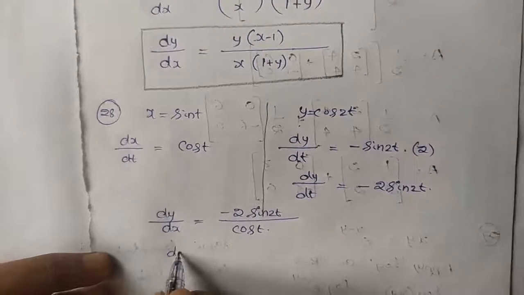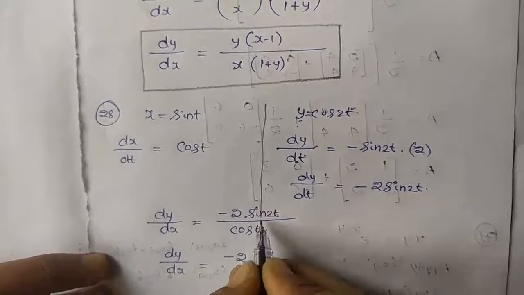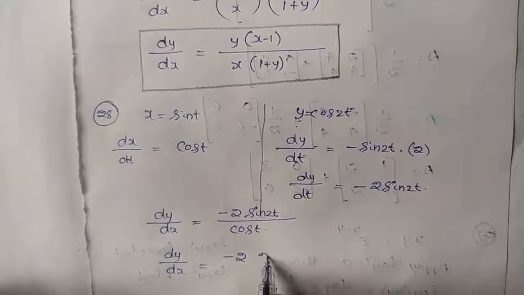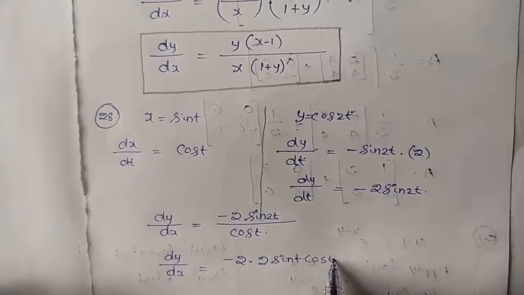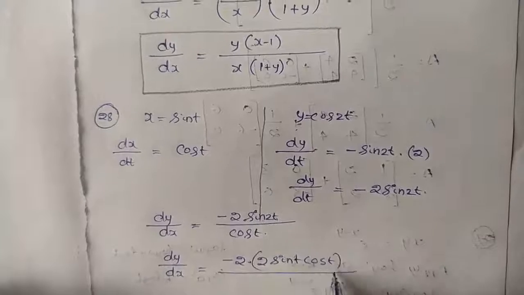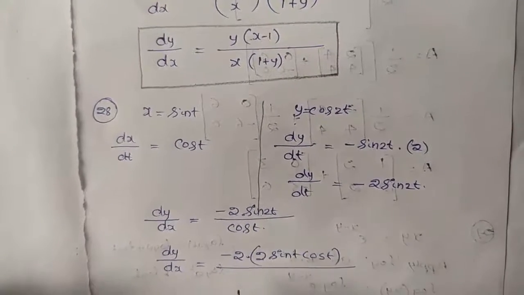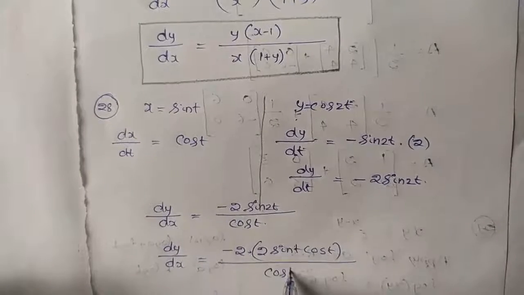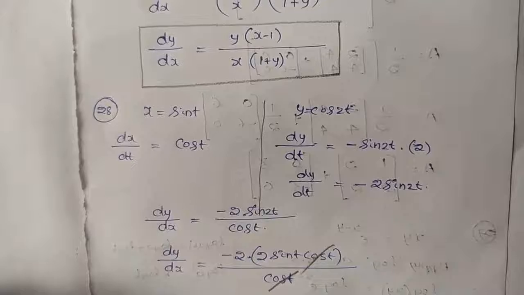So dy by dx equals minus 2 into sin 2t, the formula is 2 into sin t into cos t, whole divided by cos t, keep it as it is in the denominator. Cos t will get cancelled.